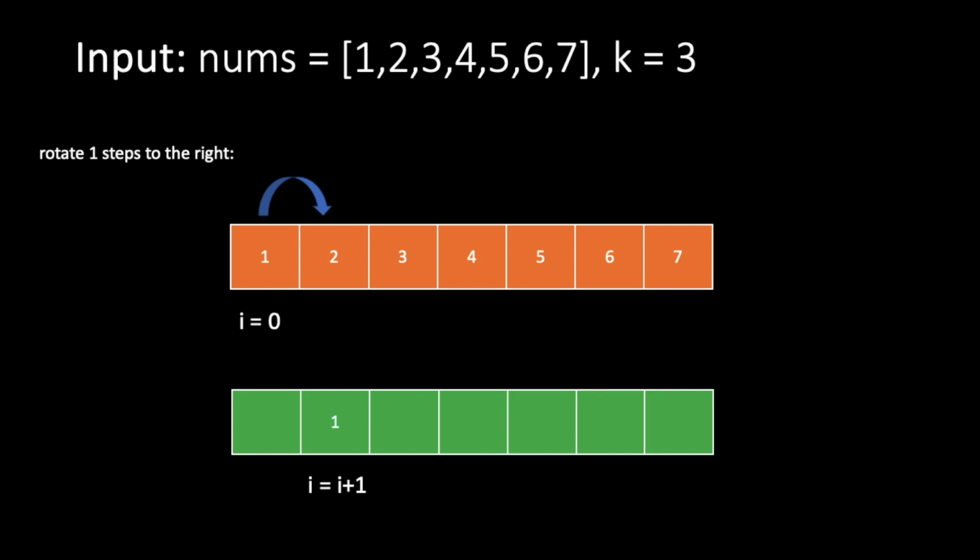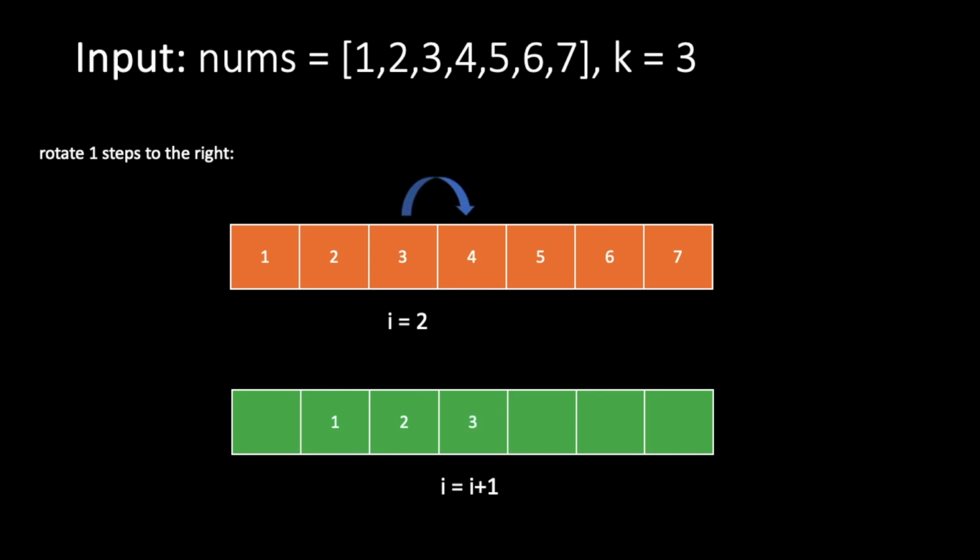Now if we move forward, when i is equal to 1, the element value is 2. Now we will move this 2 to the right side and store 2. You can see the below array, 1, now 2. In the same way we'll be moving each element to the right side by one step.